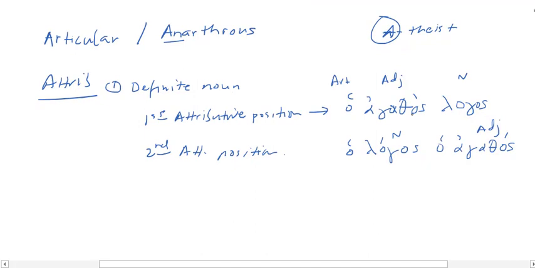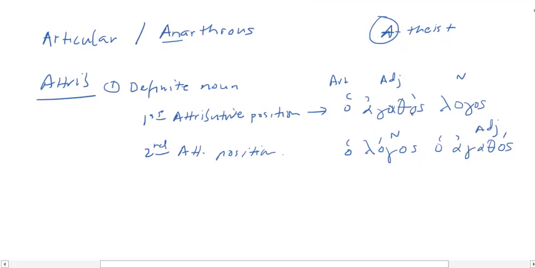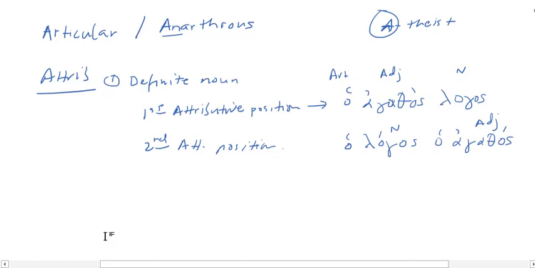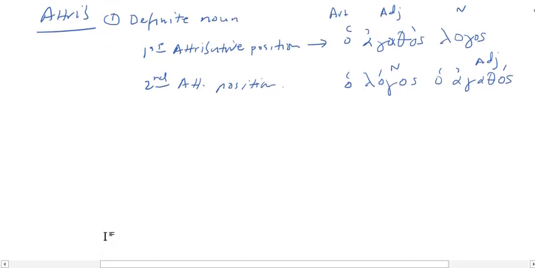When I'm dealing with substantival adjectives, I'm really dealing with an attributive adjective that's just omitted the noun. Same will be true here. My adjective is basically an attributive adjective with an article in front of it.